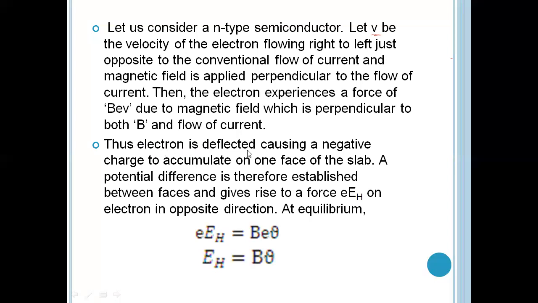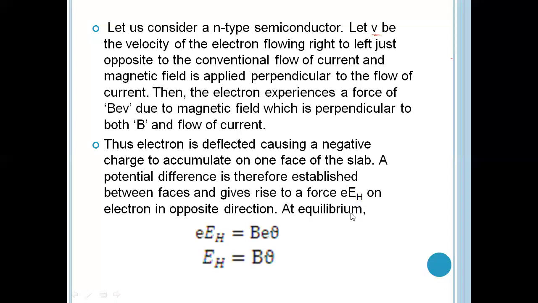Thus electrons are deflected, causing a negative charge to accumulate on one face, and the potential difference therefore established between the faces gives rise to an electric force qE. Force due to electric charges is F equal to qE. Since we are talking about electrons, in place of q we take the charge of the electron. So F is equal to eE_H, where e is the charge of electron and E_H is the produced electric field.